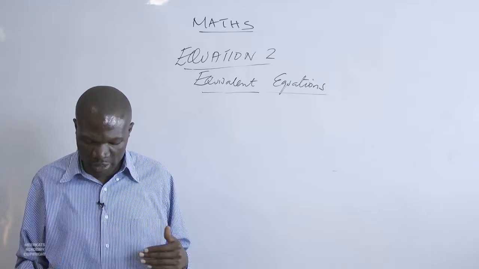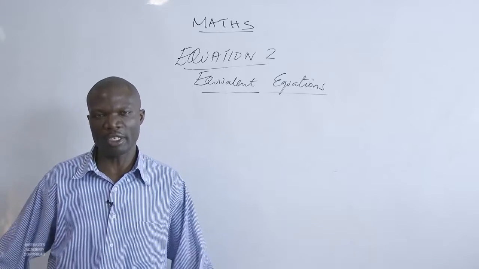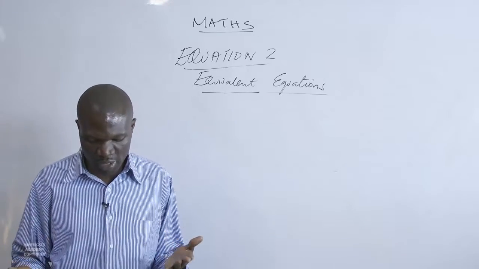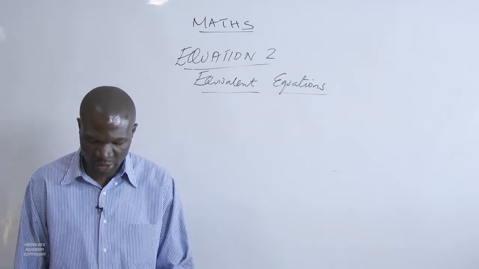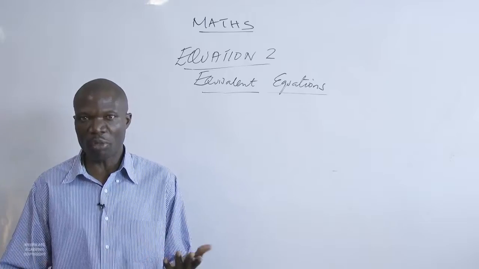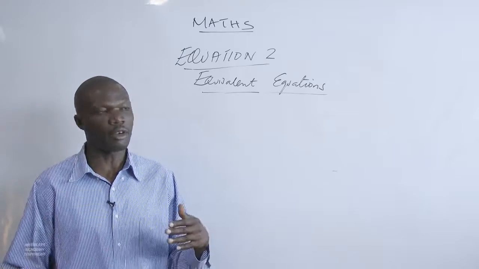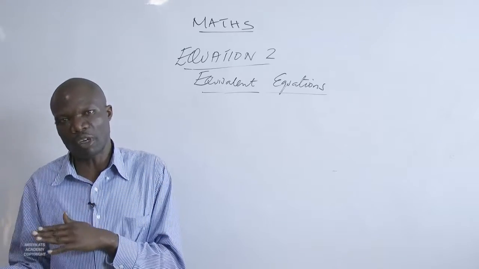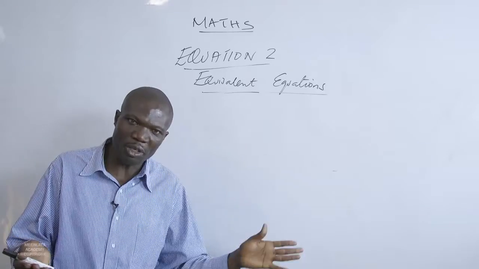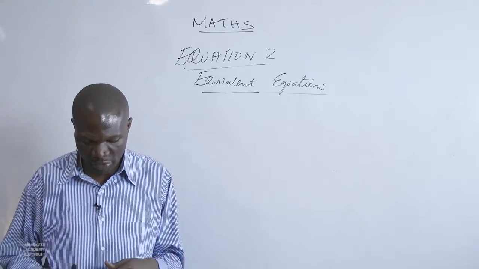Mostly we get equivalent when the right-hand side and the left-hand side are equal. So we have an equation, we can obtain an equivalent equation by performing some operation, like what we've been doing initially, whereby whatever happens on the right also happens on the left. We'll always find that what you are having is equivalent.